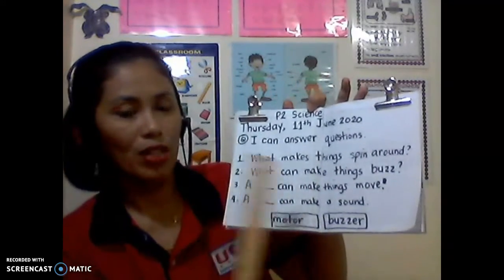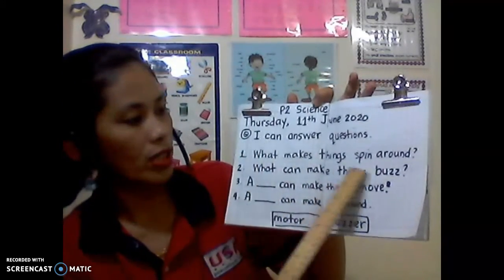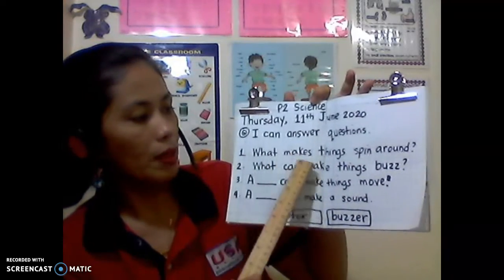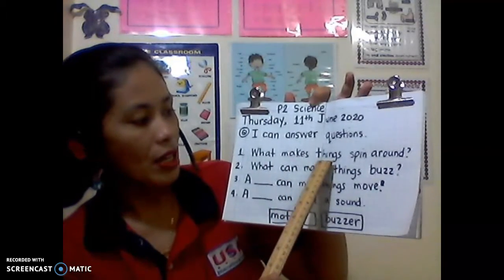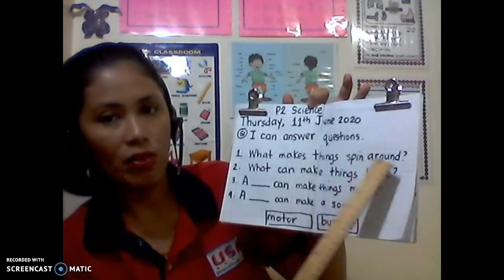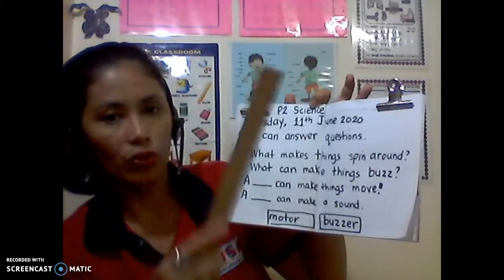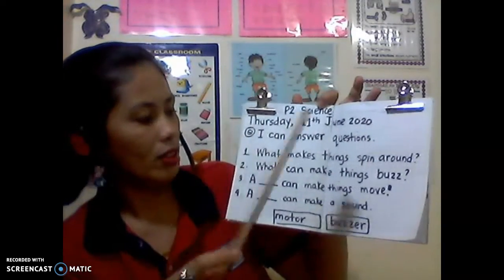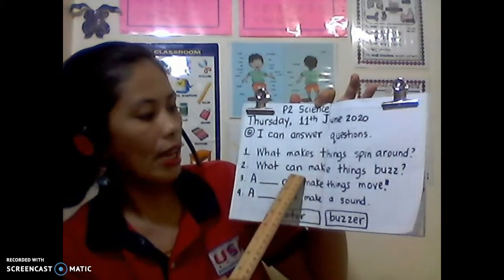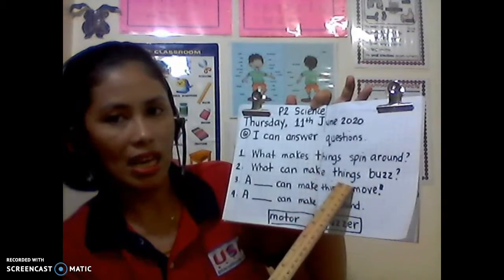You're listening to me. Again, our first question is what makes things spin around? It goes round and round and round. And number 2, what can make things buzz?